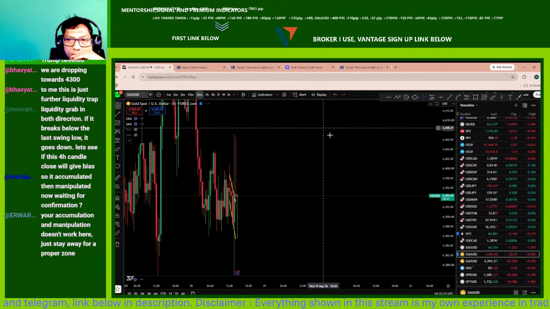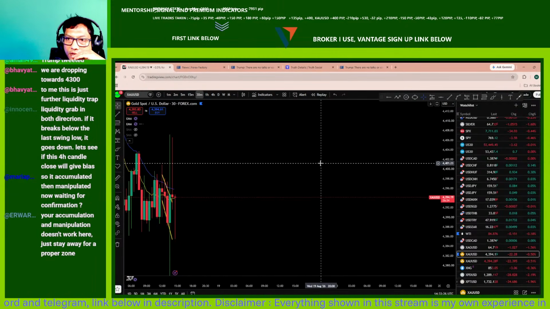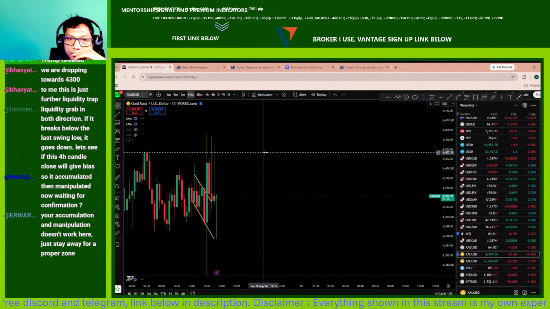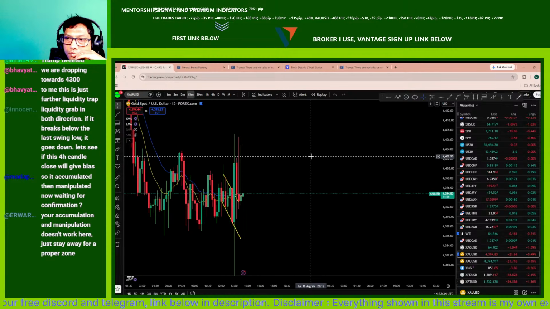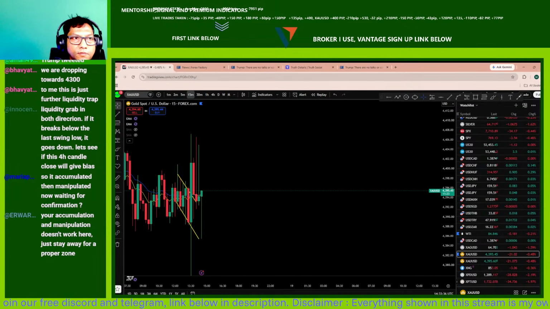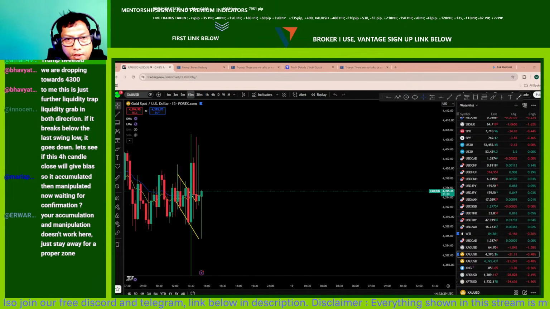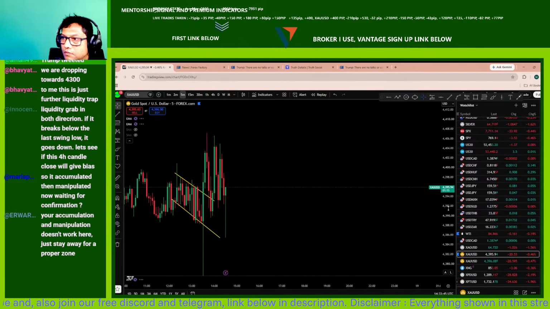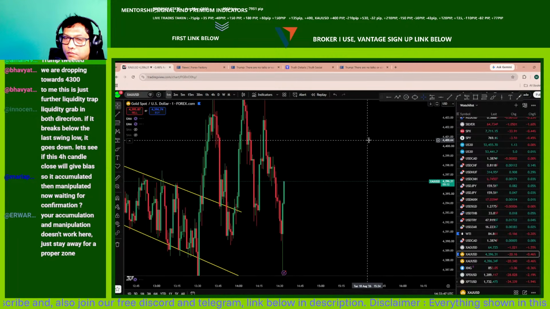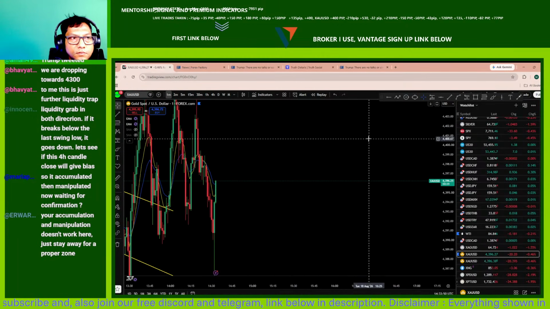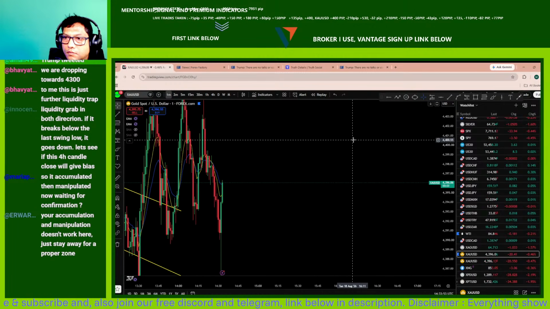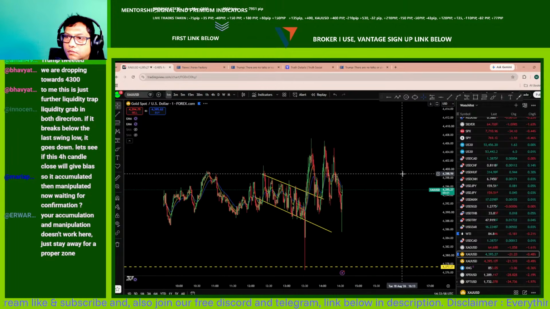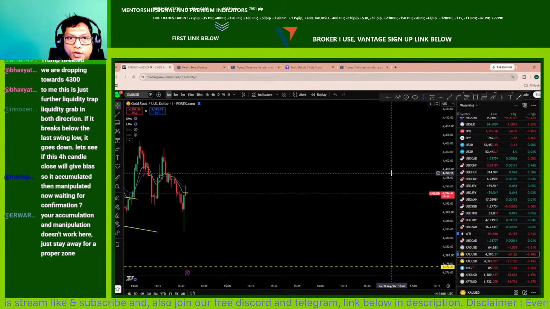So this is an unusual market structure. There is a complete breakout. Is the market going to trend in this direction or?